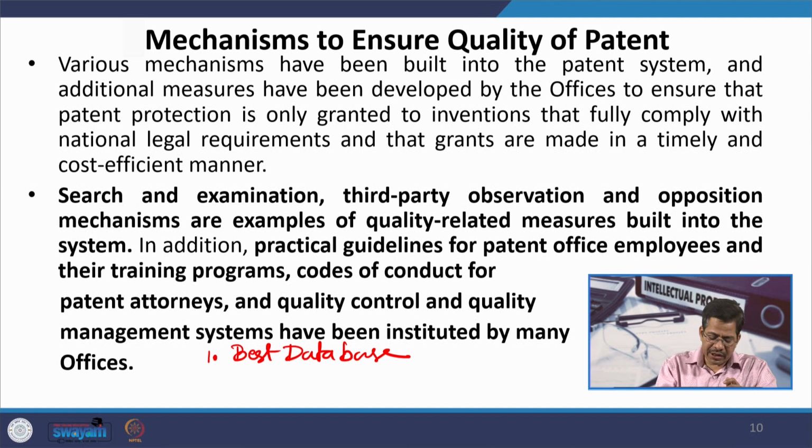Then you can also take the help of third party observation and opposition mechanisms, where you take the help of experts. They will help you by examining and giving their independent opinion about your IP, and they may criticize you.